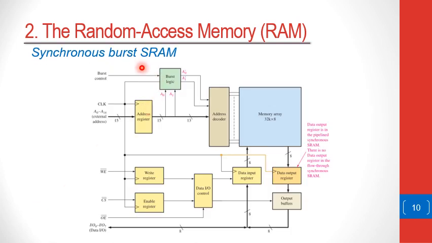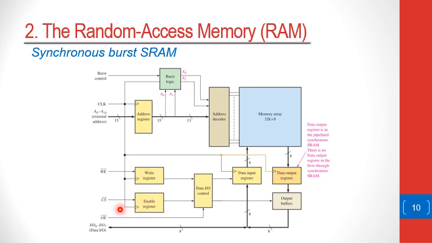This is an example of a structure of a synchronous bus SRAM, and you can see here, as previously explained, that there is a clocked address register, so it goes with the clock, and then there's a clocked write enable register here.